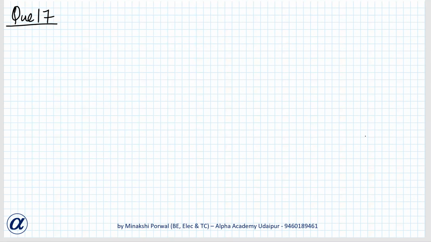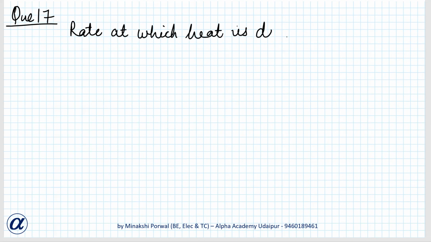Question 17. An electric heater of resistance 8 ohm draws 15 amperes from the service mains for 2 hours. Calculate the rate at which heat is developed in the heater. Can anybody tell me what we have to find in this question? Yes, rate at which heat is developed means power.